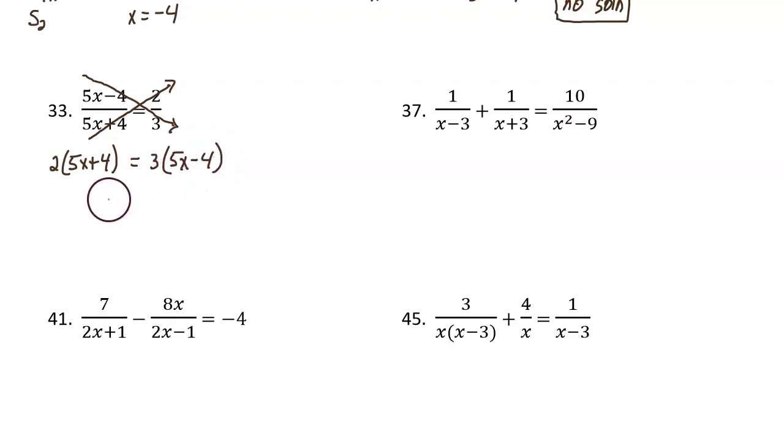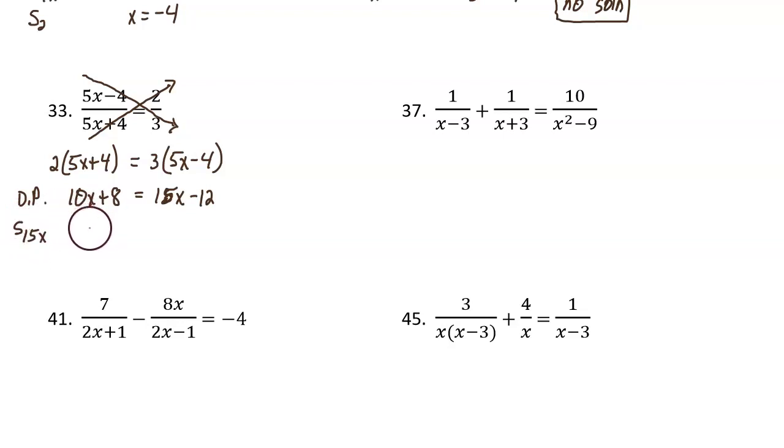This is not the only way to do this problem. It's simply one way. In the next step, some distributive property. This is 10x plus 8 equals 15x minus 12.